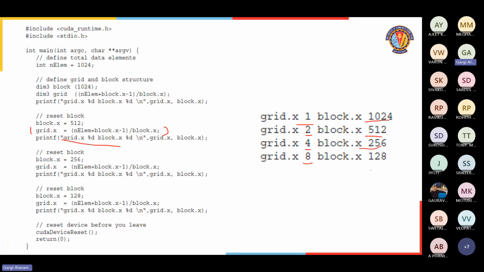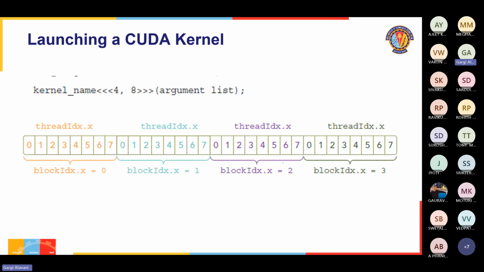And in the fourth case, eight blocks of 128 threads. I hope the 1D part is clear to all. If not, this example shows you how the block size and the grid size are directly linked with the indexes of your block and thread.